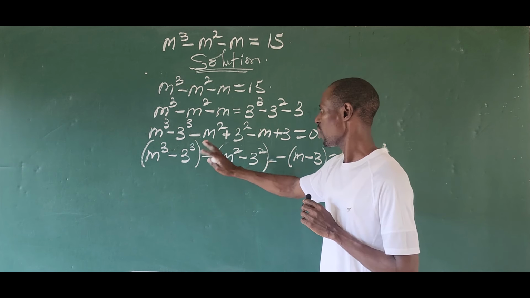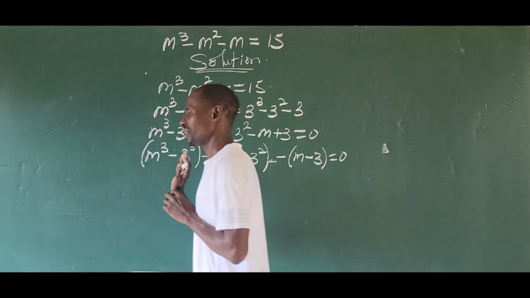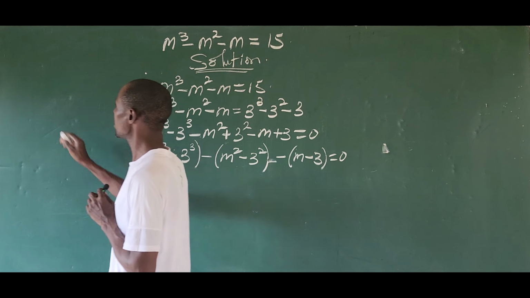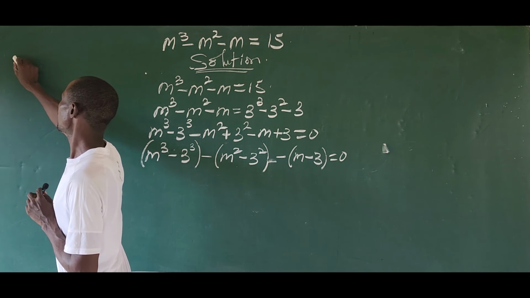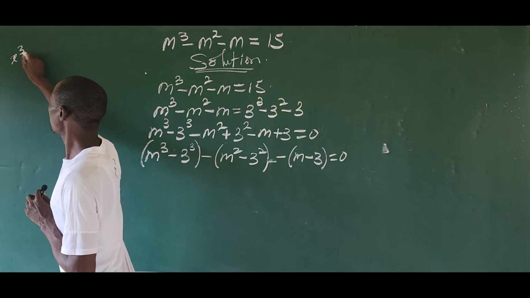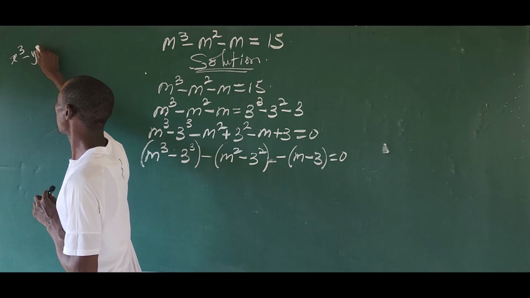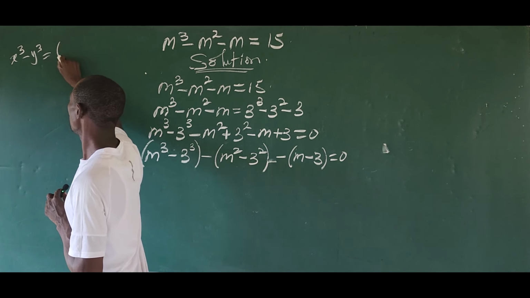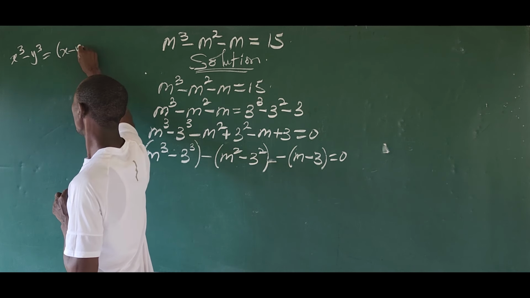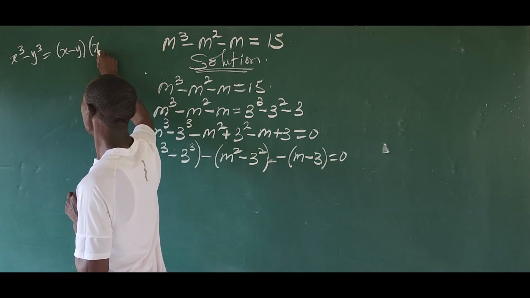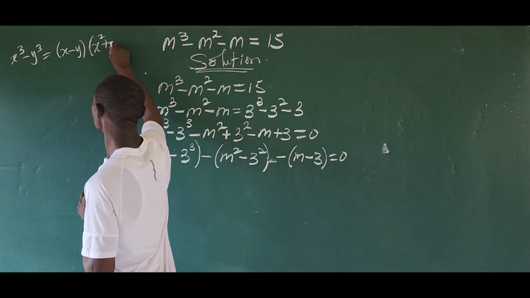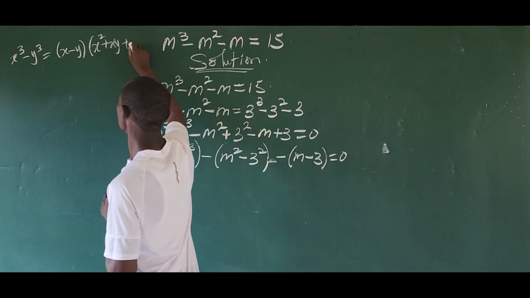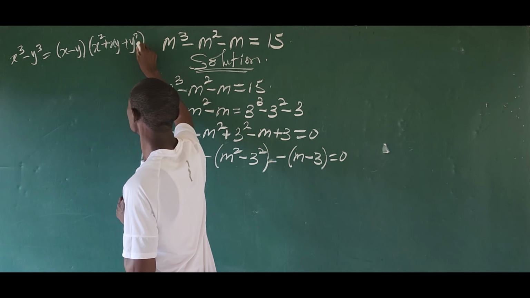So what does the law say? For the difference of 2 cubes, it says that if you have x to the power of 3 minus y to the power of 3, this is equal to (x minus y)(x to the power of 2 plus xy plus y squared).